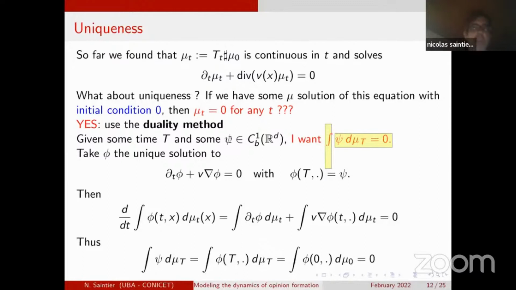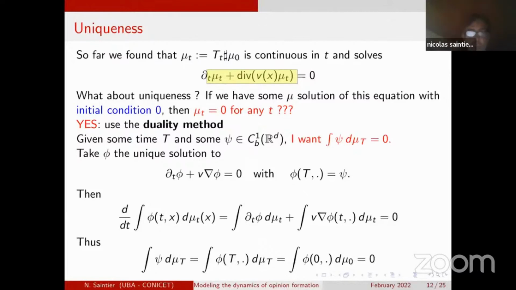So I pick one psi, and what I need is to take phi, which is the solution of this equation. And why is that? Because you will see that it's very natural, since this operator here is, up to a sign, the adjoint operator of this one here. So this is why it's called duality.